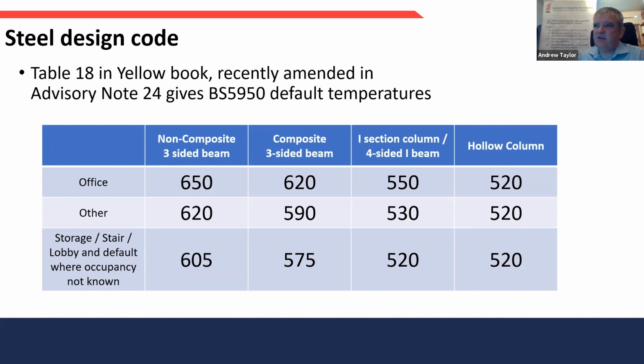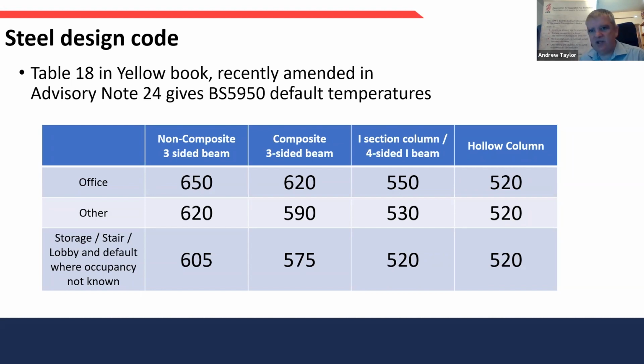If we consider the tables in Advisory Note 24, because there's been a couple of subtle changes, many of you will recognize the temperatures there under the office designation, where a three-sided beam is failing at 620 degrees C, an I-section column fails at 550, and a hollow column fails at 520.